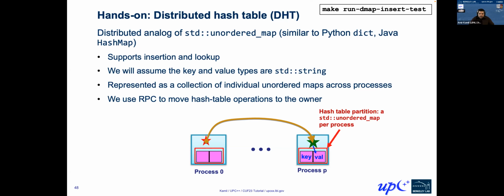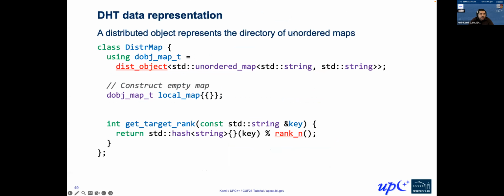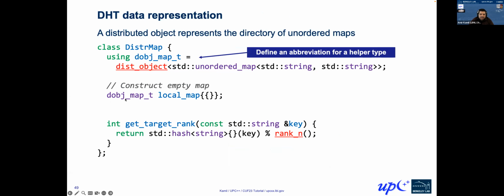The way that we're going to do this is with a distributed object, where each individual piece on each process is just going to be a local standard library unordered map. As far as the data itself, here I've introduced a type alias to make it simpler to type. Essentially, our data representation is a distributed object with an unordered map on each process.